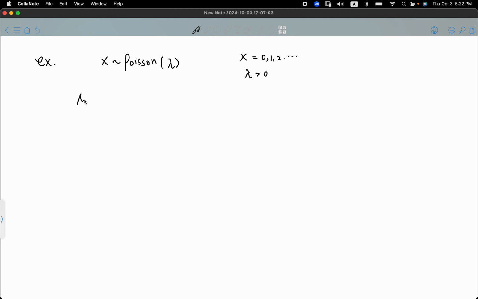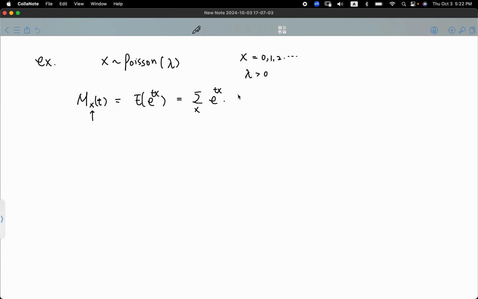So to construct the moment-generating function, M for random variable x, as a function of t, we can start from the definition of the moment-generating function, which is the expected value of e raised to the power of tx. Poisson is a discrete random variable, so we can sum over all possible x, which is the support, of e raised to the power of tx, multiplied by the probability mass function for the Poisson distribution.